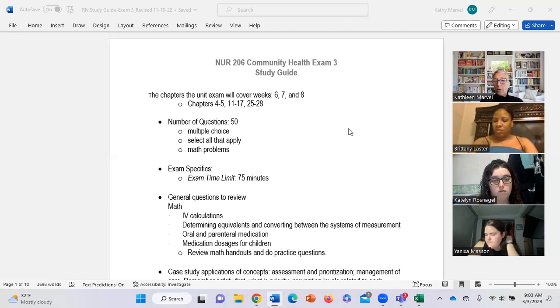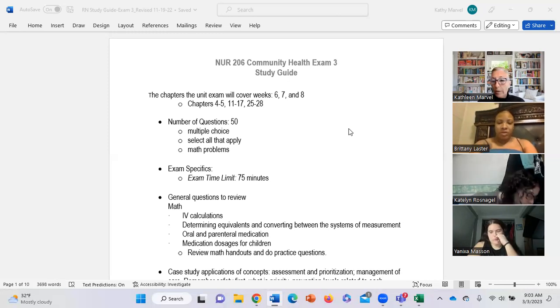Does that make sense? Don't feel like you need to read every chapter from start to finish. Please look at the chapter objectives and then go to those areas of the chapter and read those areas, because the objectives of the chapter are the most important things to know. Make sense? Yes. And you should see quite a bit of the answers to the objectives in this study guide.